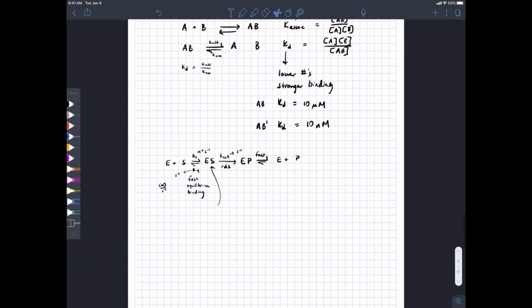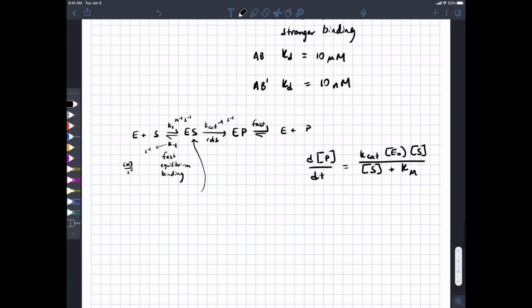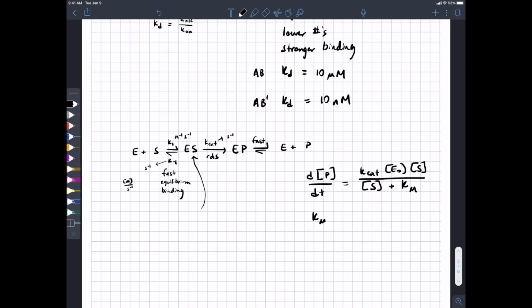We're going to rewrite that as the rate of appearance of my product equals kcat times the concentration of enzyme times the concentration of substrate, divided by the concentration of substrate plus Km, where Km equals (k minus 1 plus kcat) divided by k1.